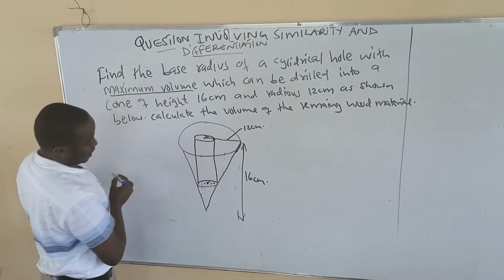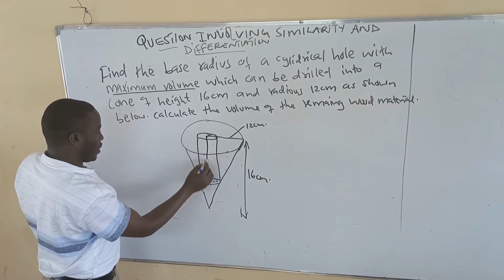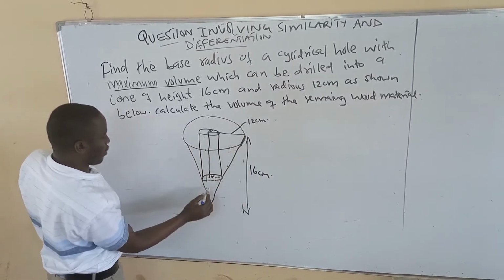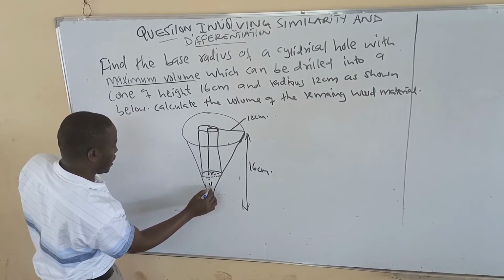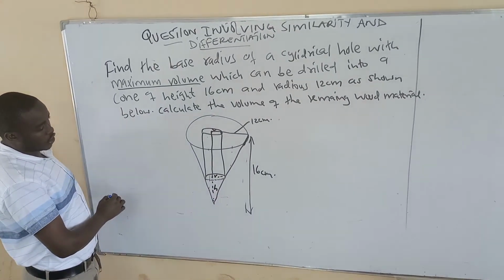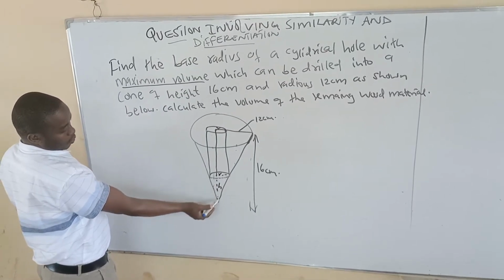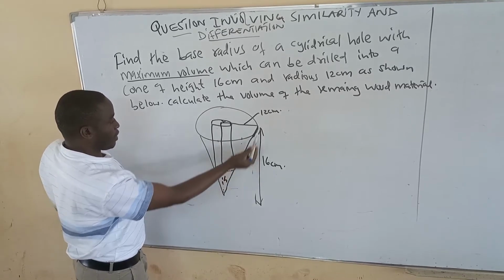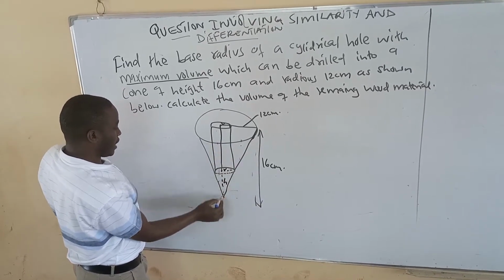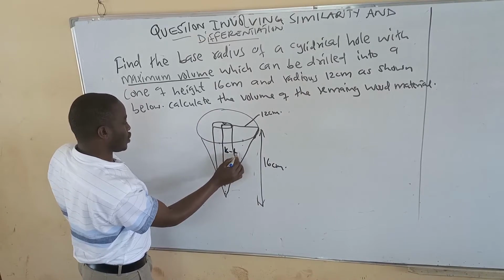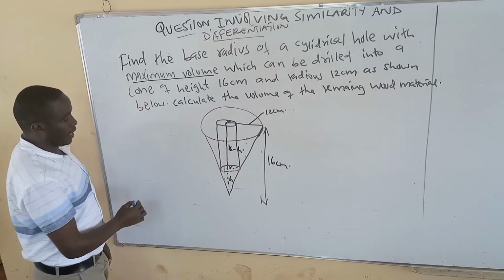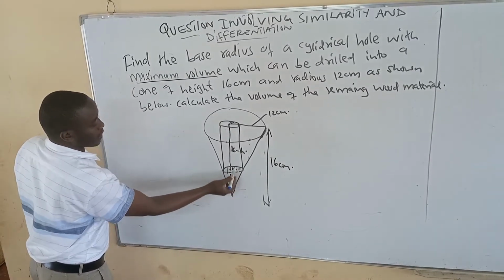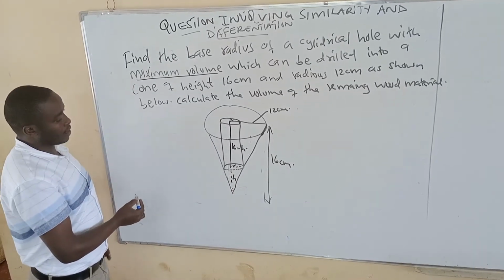Now let the height of the small cone be h. That means the height of the cylinder will be the whole height 16 minus h, so 16 minus h is the height of the cylinder, and its radius r is equal to the radius of the smaller cone.